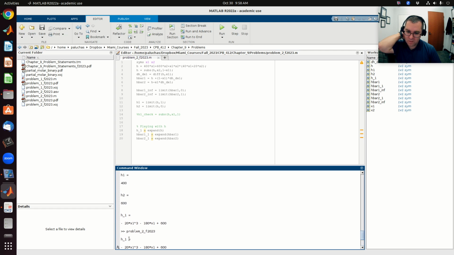H bar 2 in the infinite dilution limit should be 600 plus 40. Oh yeah, 640. I'm sorry, I was looking at the wrong term. So everything works out. Cool, right?